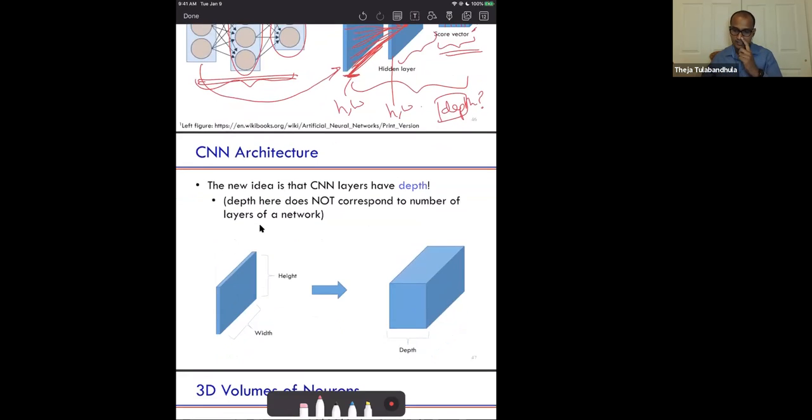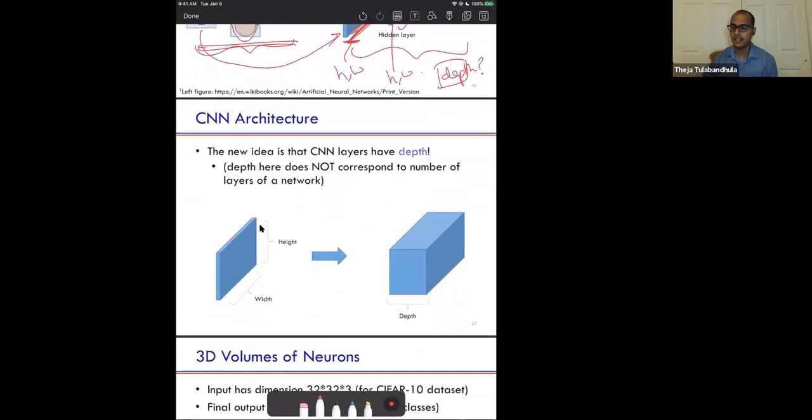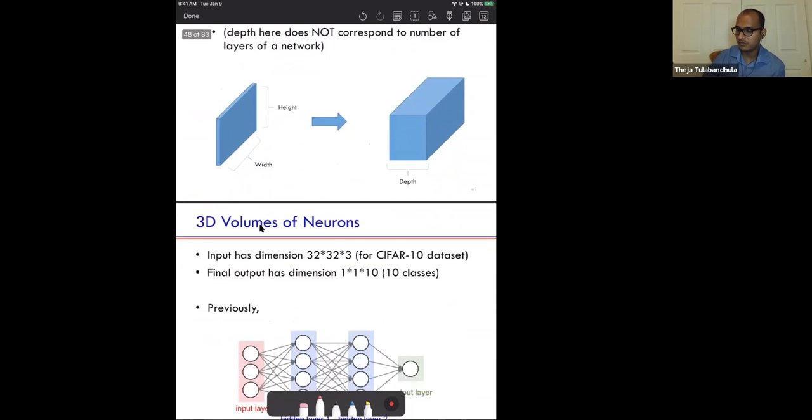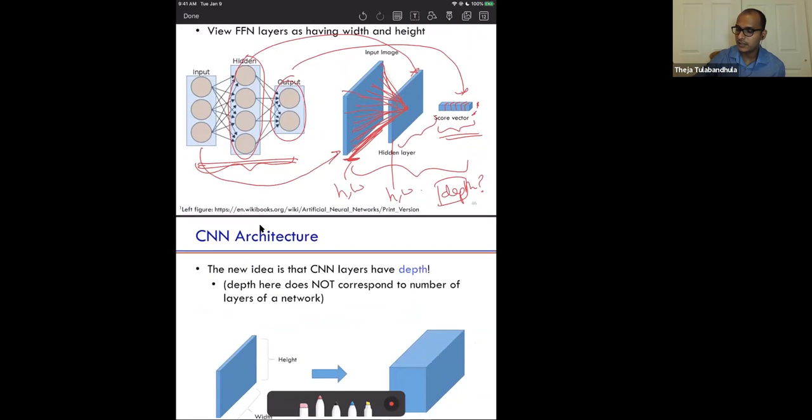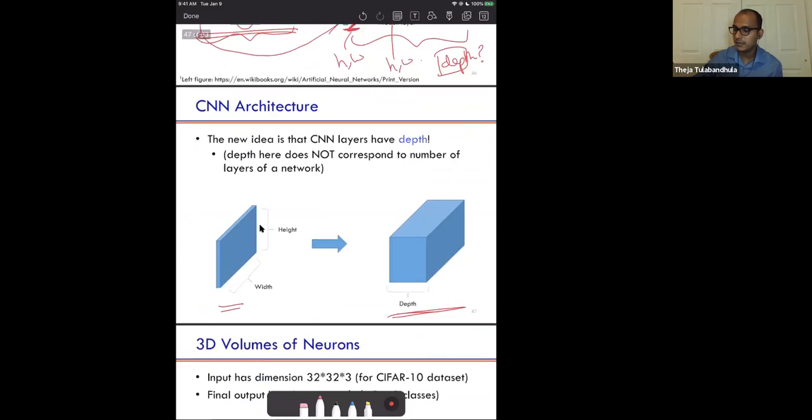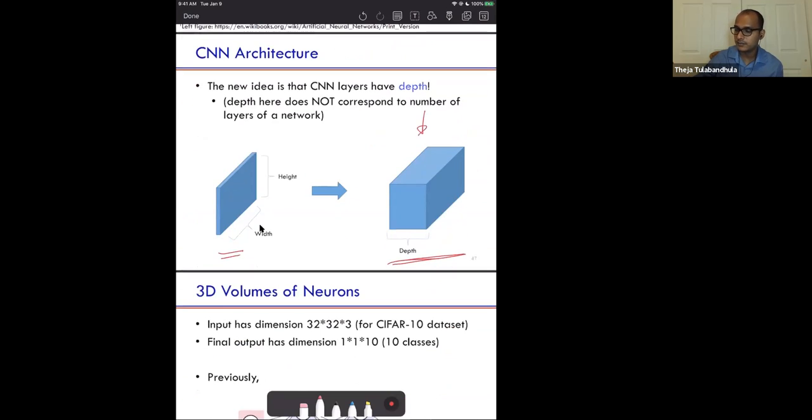Now the new idea with CNNs is that you will also have a depth. Okay. So instead of a layer like this, it's going to be a layer like that. Remember, we had layers 1, 2, and 3: input, output layer, and one hidden layer. So we had 3 boxes here essentially. Similarly, we're going to stack things with depth.